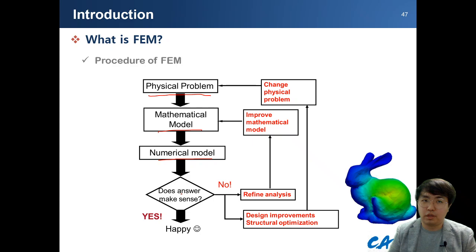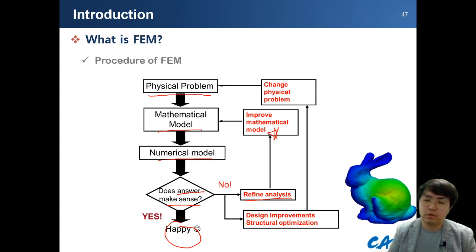If the solution is reasonable, then we are happy. However, if not, we need some refined analysis technique. The first thing is to improve the mathematical model, which is very important.